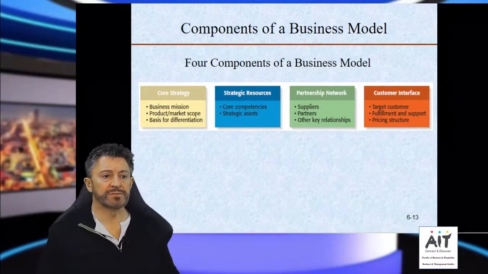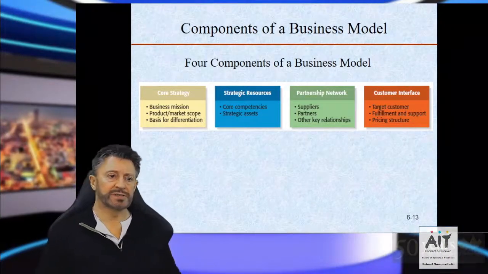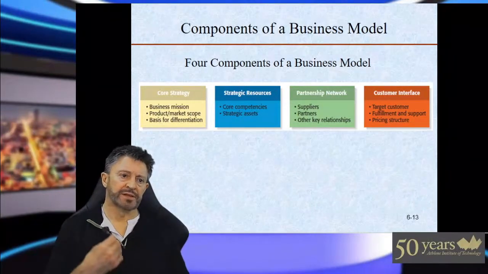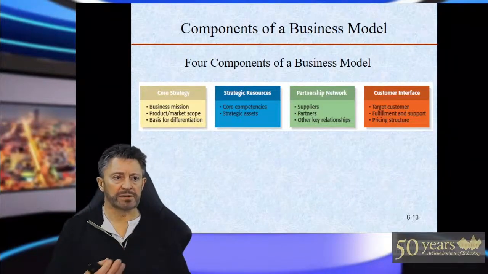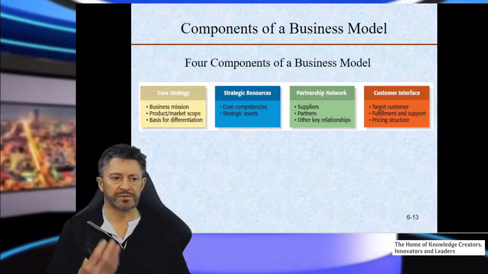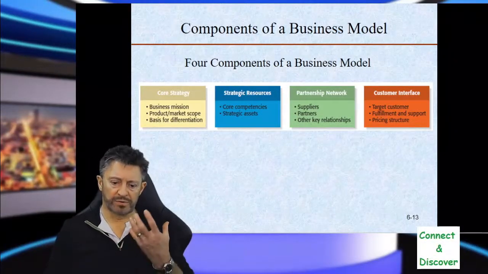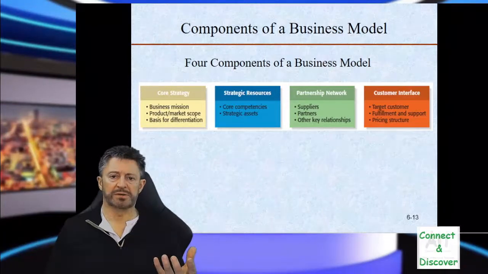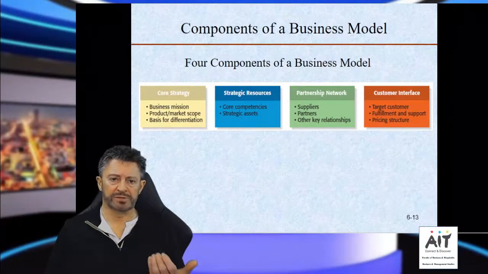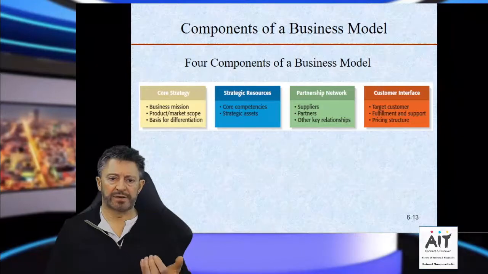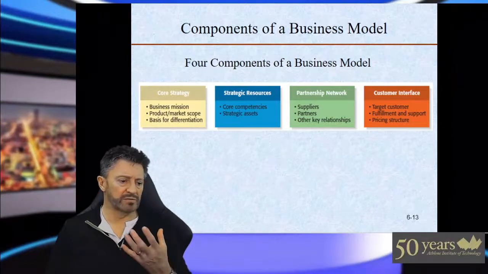Right, and then of course underestimating. So the 4 components of the business model: the core strategy itself. So what's the business mission? The product and market scope, and the basis for differentiation. So we need to find out, fundamentally, is this product valuable to customers? Does it have sustainable growth?